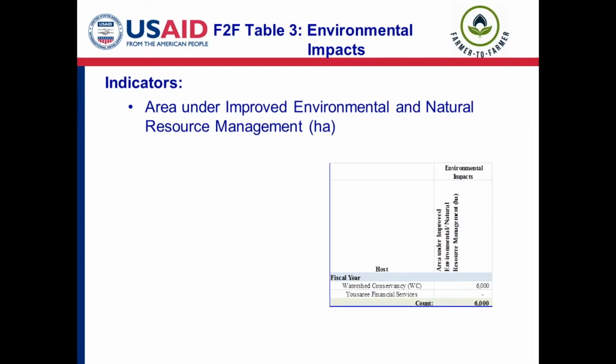which is especially important because for our environmental indicator, you guys, we only have one. So if it gets conflated or confused with the land area indicator for economic impacts, we really sort of miss out on anything we're doing in environmental and natural resource management.